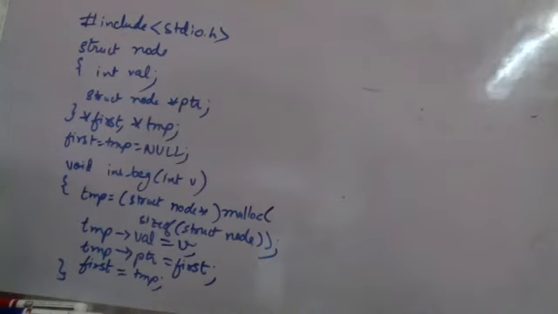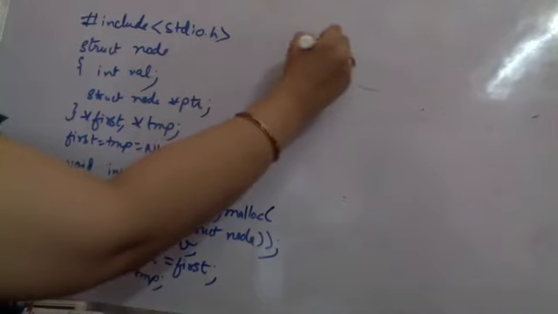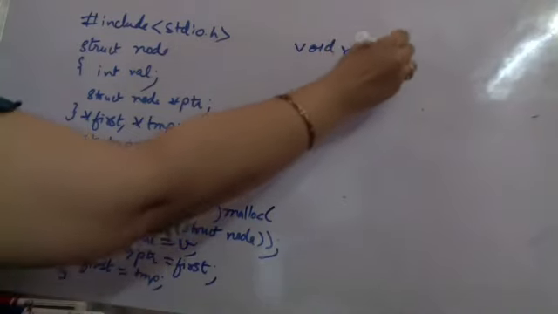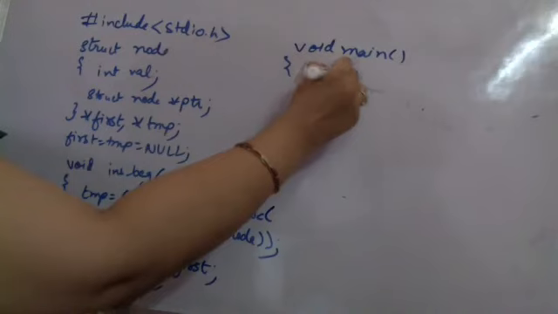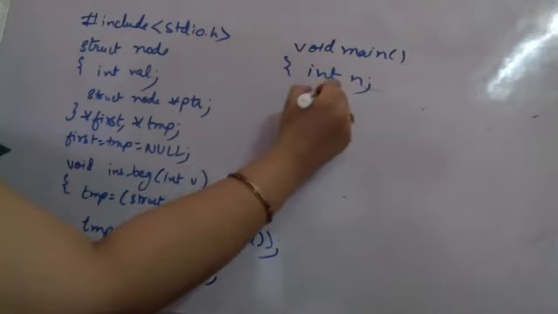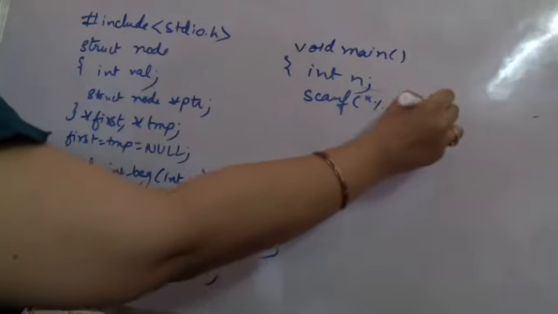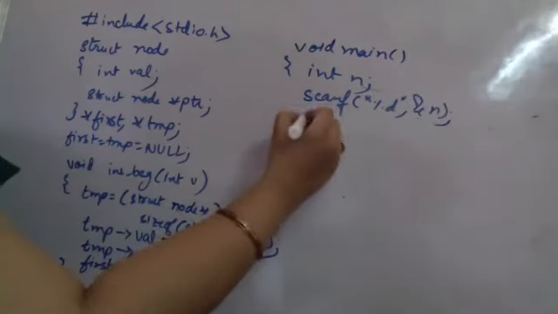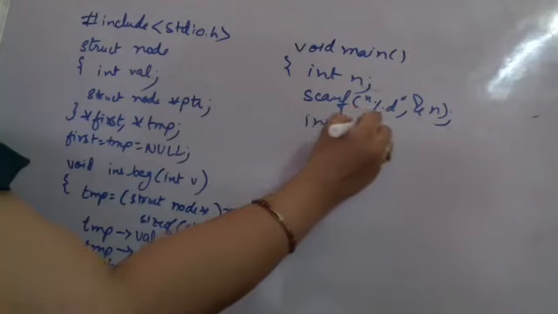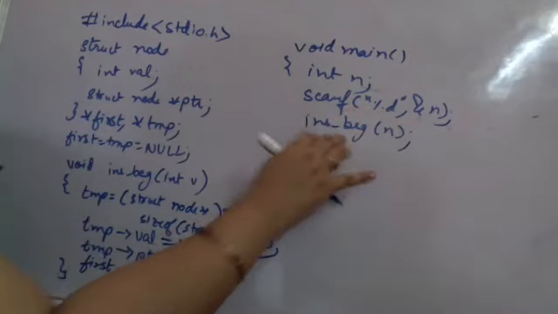Let us try to dry run this program. Supposedly from my void main, I am taking an integer n. I read the integer from the user, which I want to put in the list. That integer I am reading and I am calling insert at beginning of the list n. I want to insert this n.